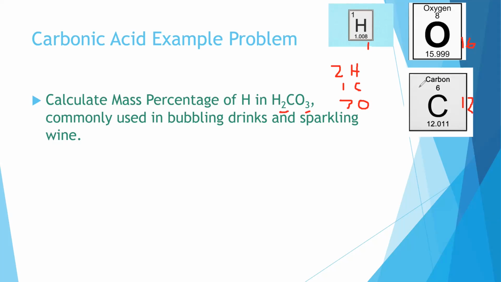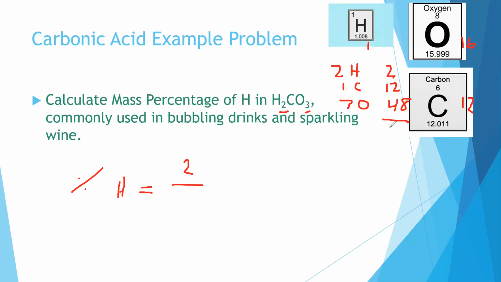Okay. So I'll go over this now. So the mass percent of hydrogen is the mass of hydrogen, 2 times 1 is 2, because we have 2 atoms of hydrogen, and each hydrogen atom has a mass of 1, over the total mass. So the hydrogens are 2, the carbons are 12, and the oxygen, there's 3 times 16, that's 48.